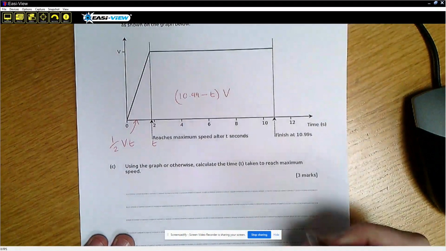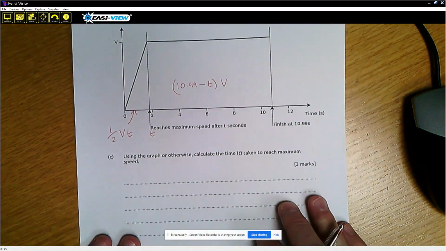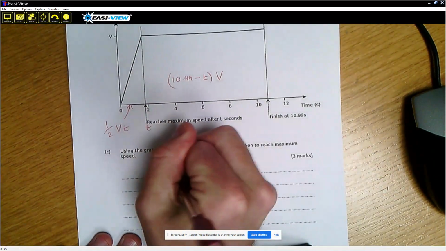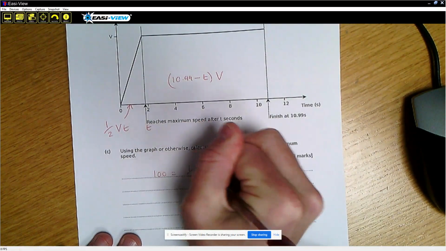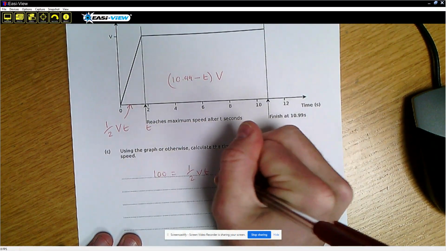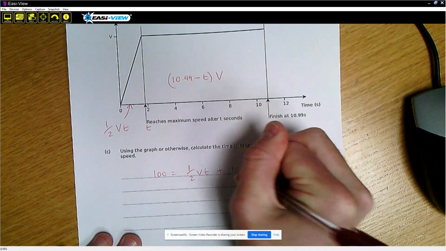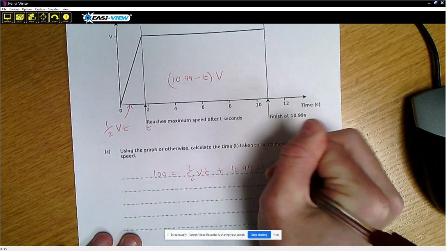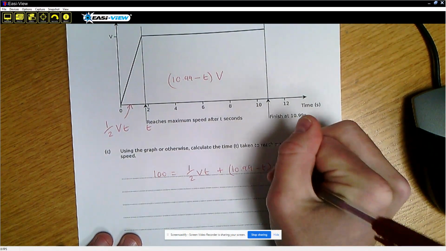Those two expressions added together will give us 100 meters. So 100 meters is 1/2 vt plus 10.99 minus t, all multiplied by v.